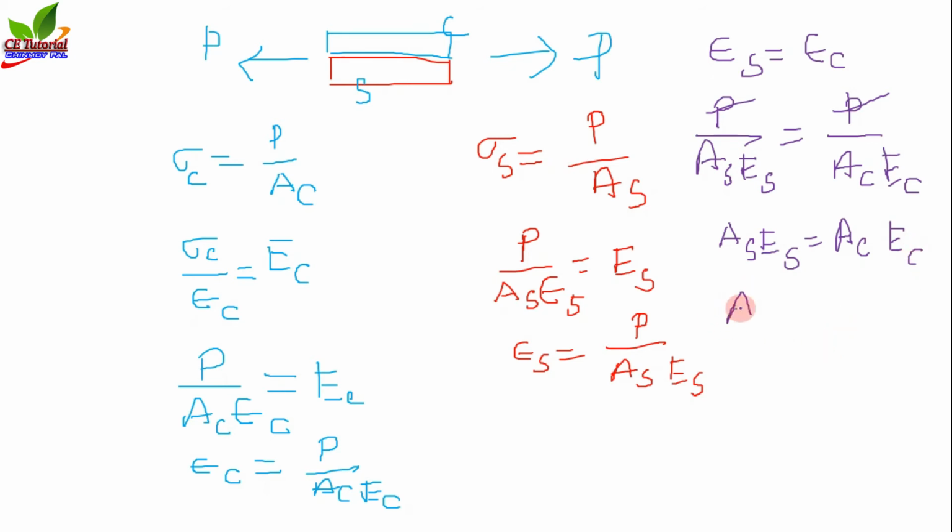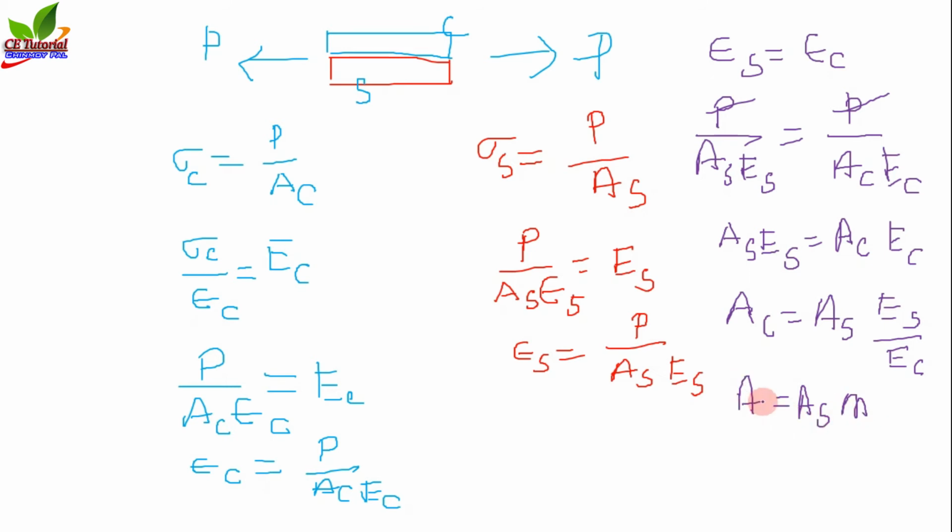So AC equals AS ES by EC. So this is actually nothing but AS into m.